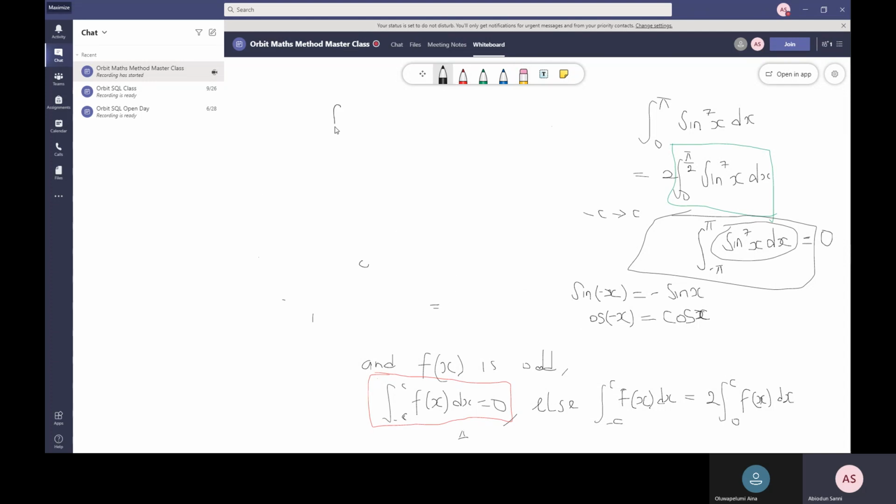Say integrate from minus 2016 to 2016 of sine raised to power 2018 of exponential 2x squared. I'll be so wicked to give you something like this.